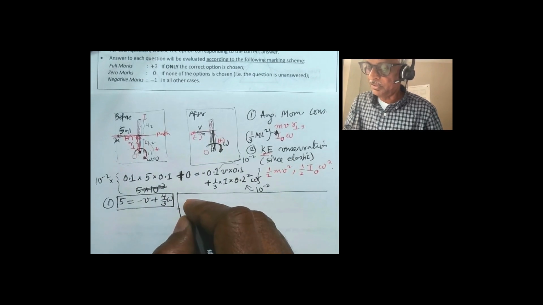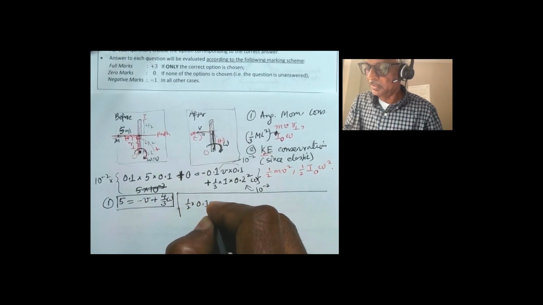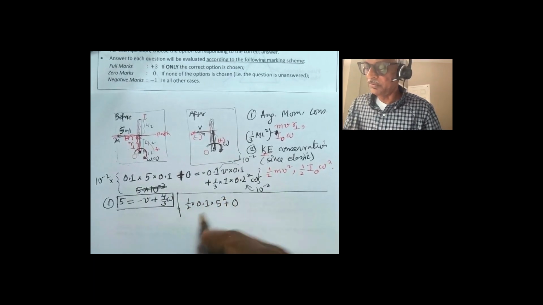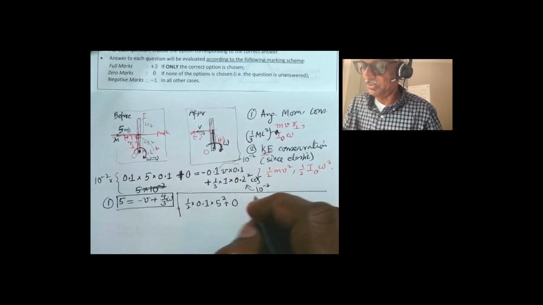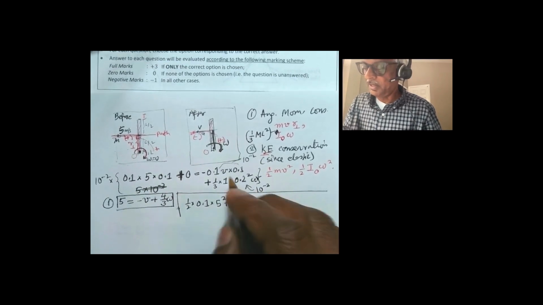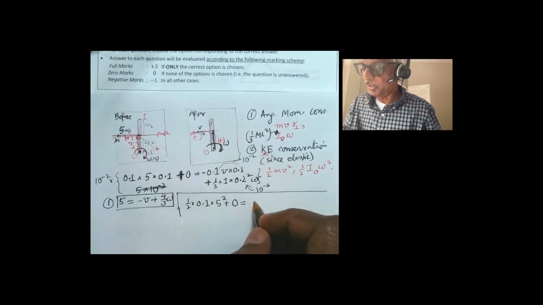It's going to be half times 0.1 times 5 square plus 0. I'm just leaving out the units for the sake of saving time. And instead of minus, kinetic is always positive.